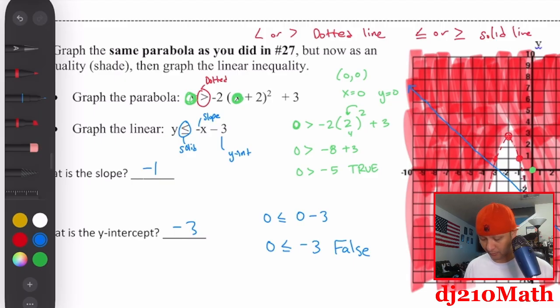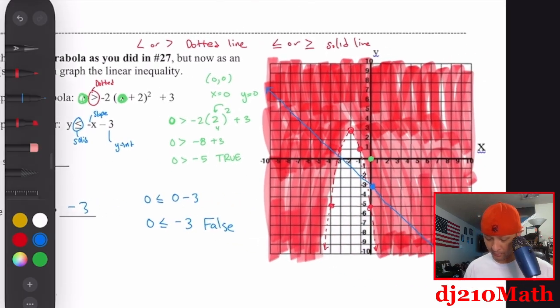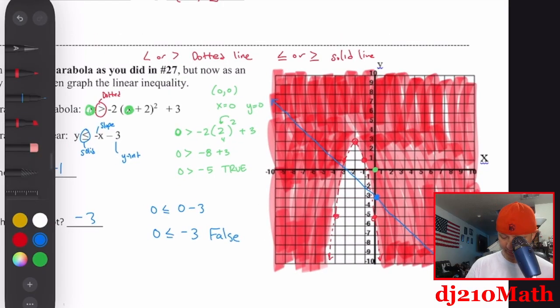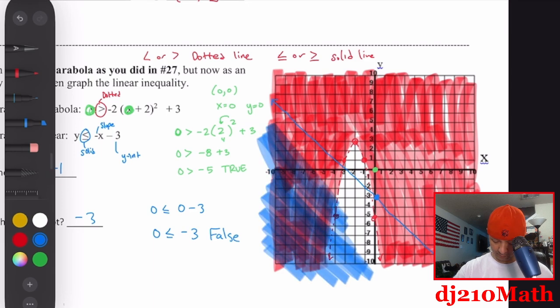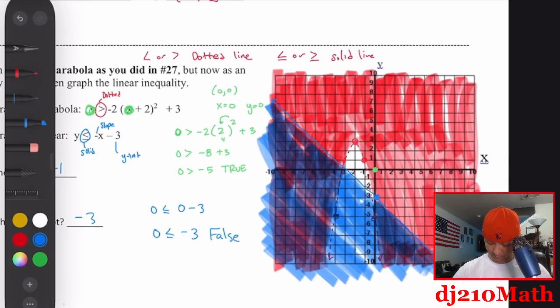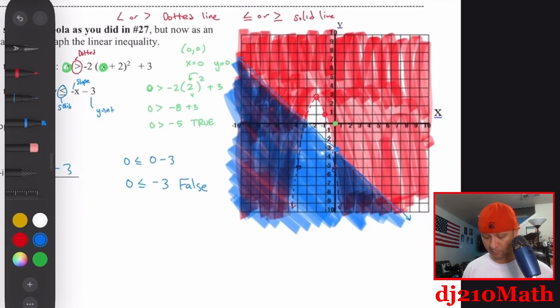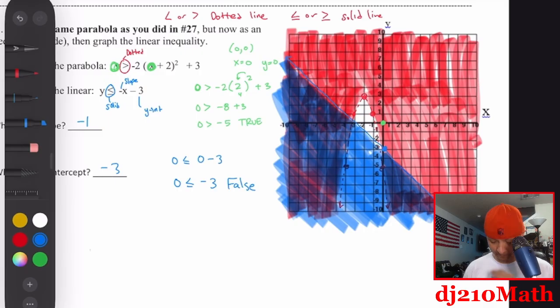I have to shade on the other side. Okay, there it is. The solution lies in the overlapping parts. Remember, overlapping solid area, and on a solid line.